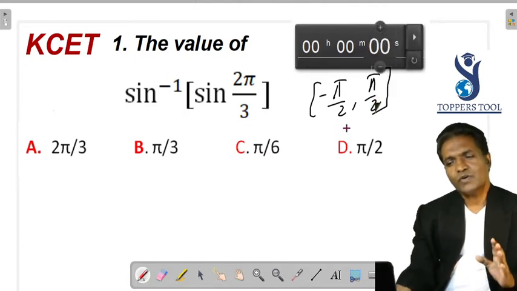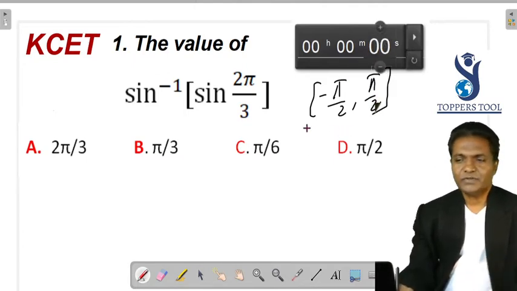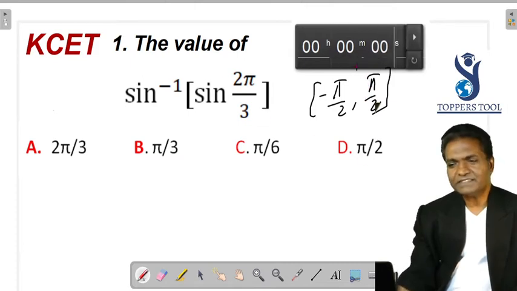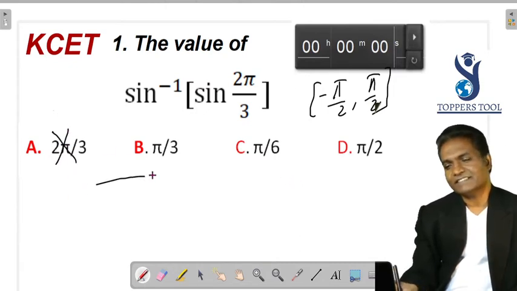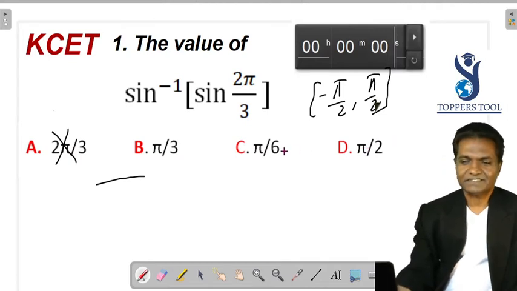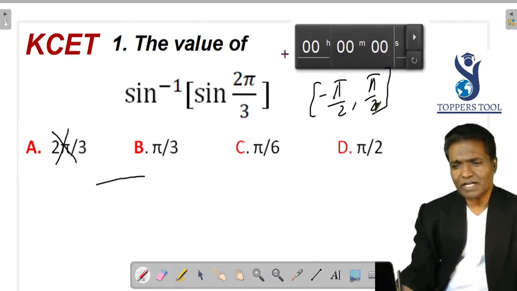First you confirm which of the options is in this interval. This one definitely does not belong, you can cancel it, and these other three are in this interval. So now you need to work it out.